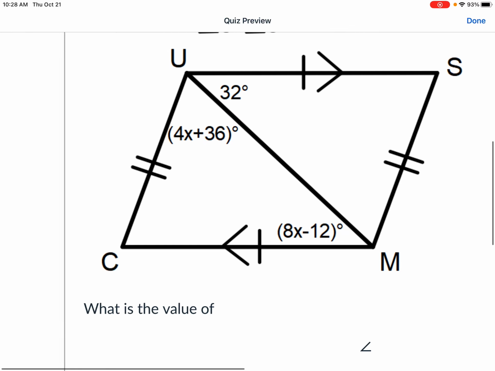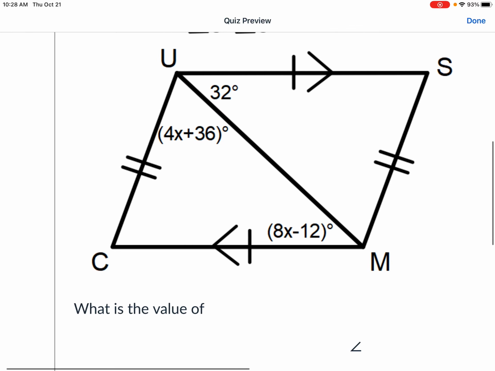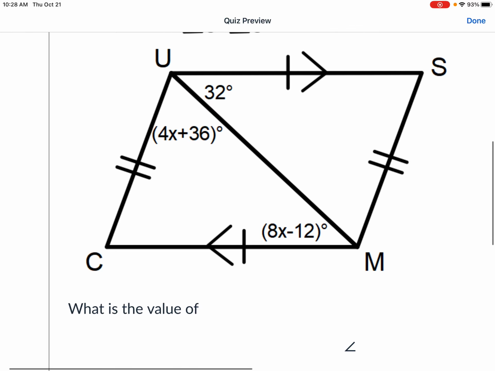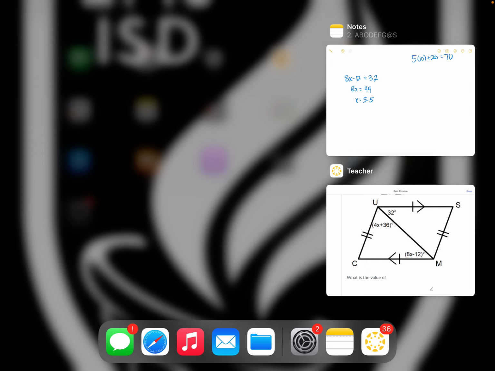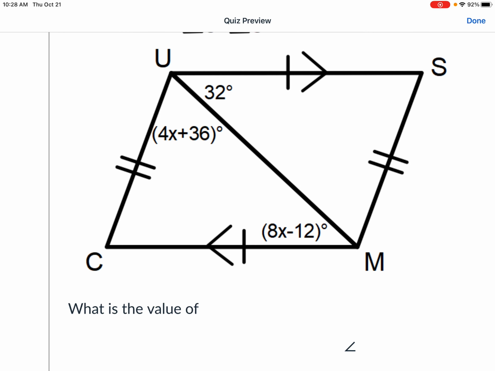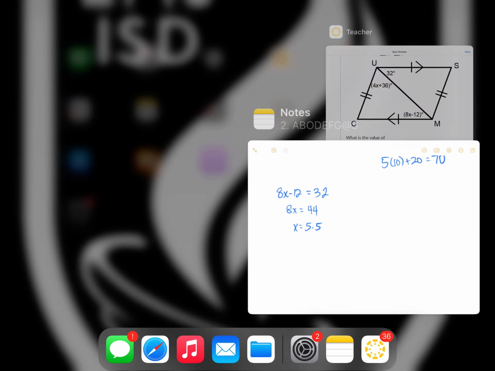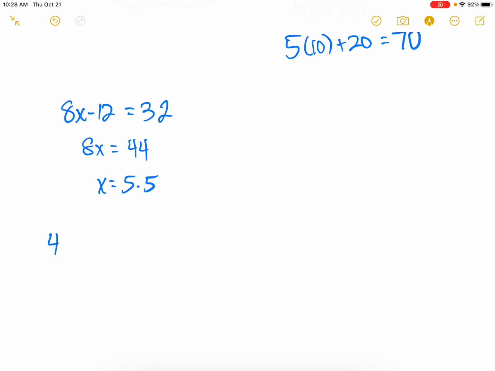All right, so we have to remember a couple of things about triangles. First of all, in this specific picture, we have to remember that x equals 5.5. That's what we just found way back over here. So if we're plugging in x equals 5.5, we're going to do that right here. 4x plus 36: 4 times 5.5 plus 36 becomes 58.